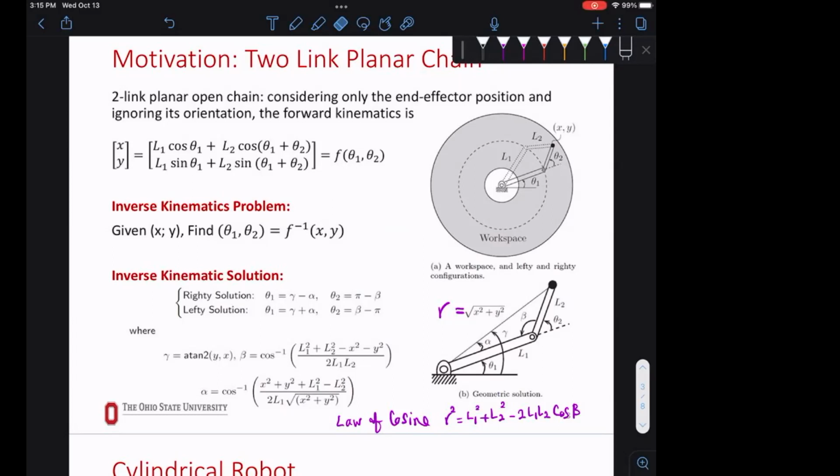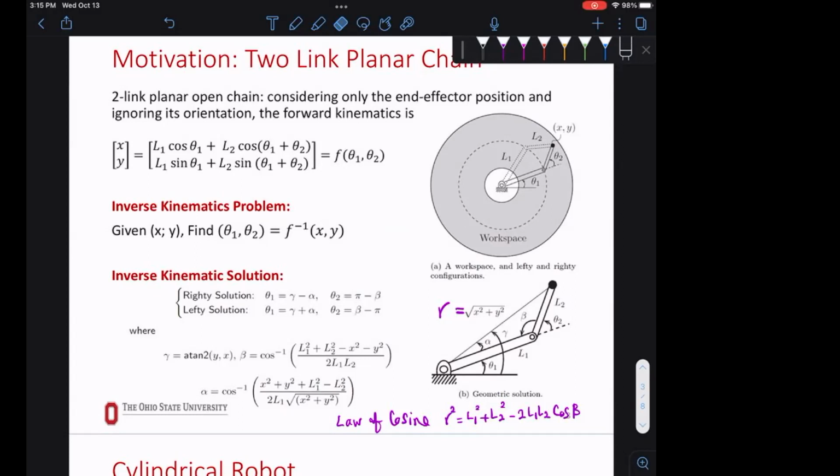Someone? Yes. Correct. So L2 square equals the other two, L1 square plus R square minus 2 times L1 R and the angle in front of it, cosine of alpha. So if we have three of these values, we can find the fourth one. So you can find the angles basically using the law of cosines.